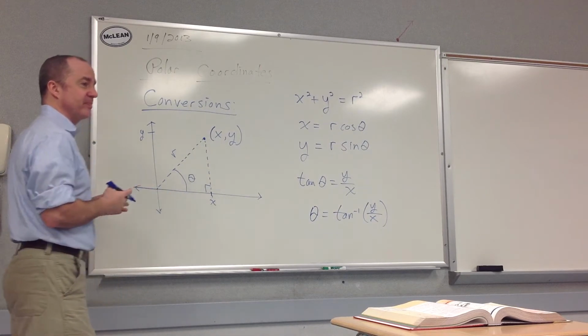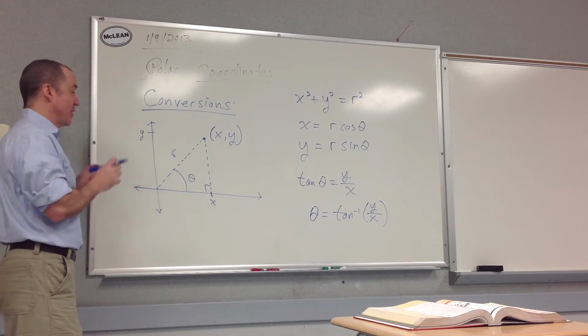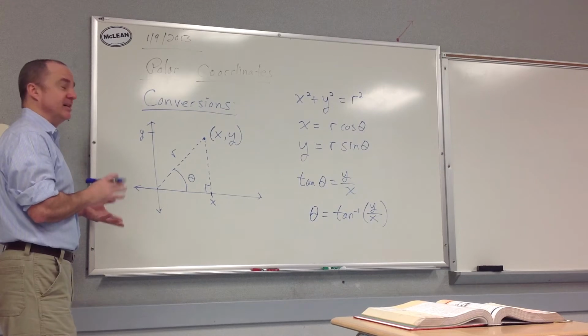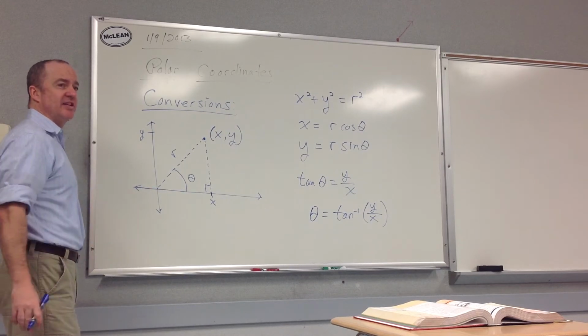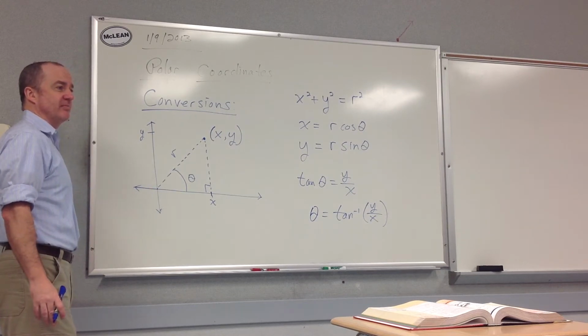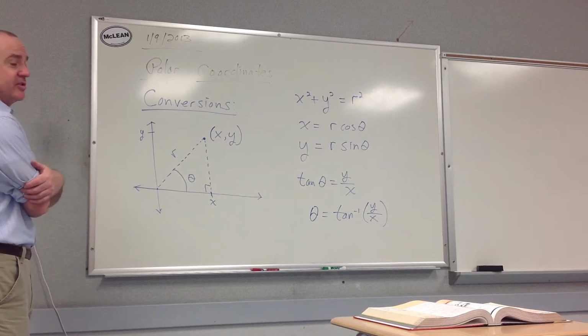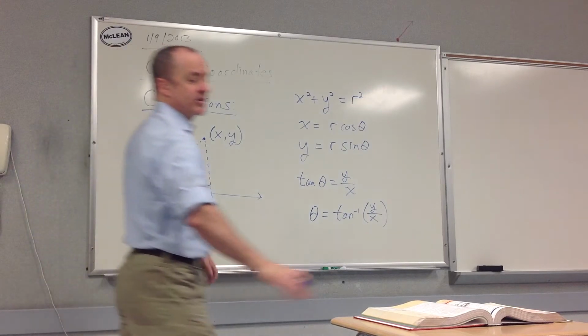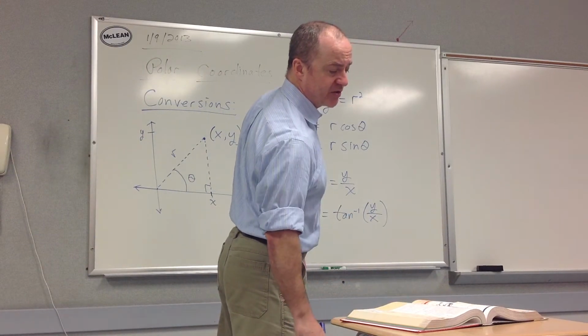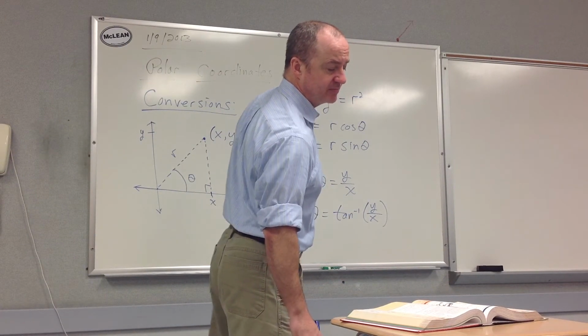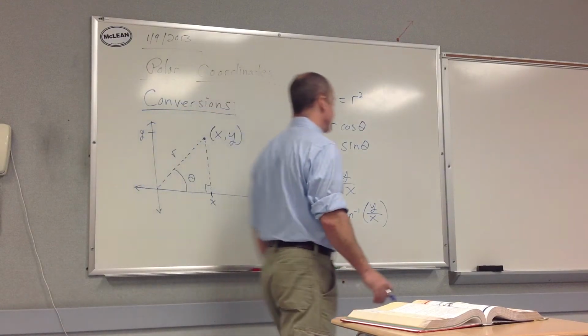Does that make sense? For some of these, that won't be possible. So even if you have a calculator, try and give an exact answer on the homework tonight. And if you miss an opportunity to give an exact answer, I will tell you tomorrow that you missed it. Now I'm just going to do examples of conversions and you'll see what I mean by that.